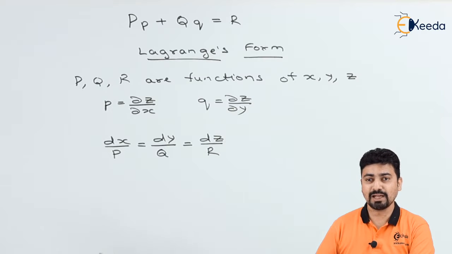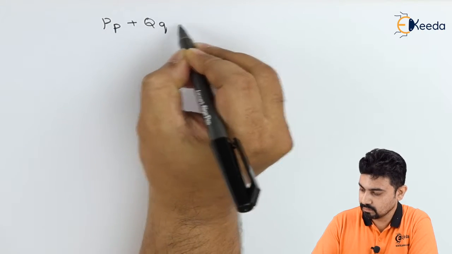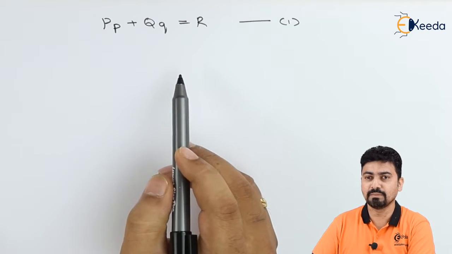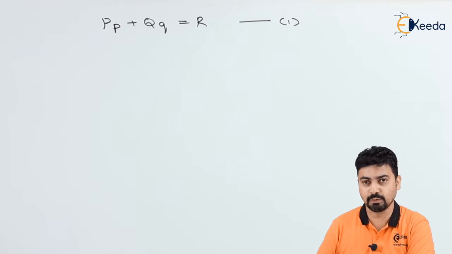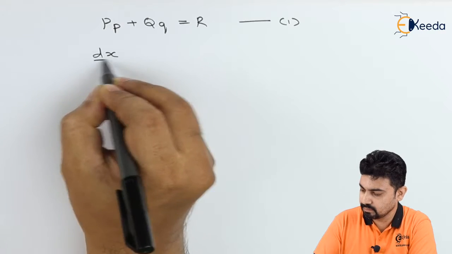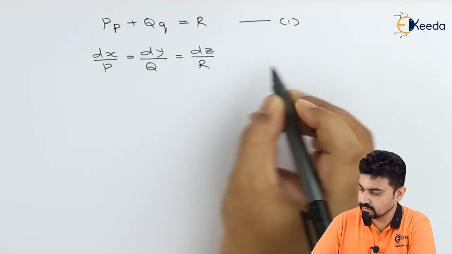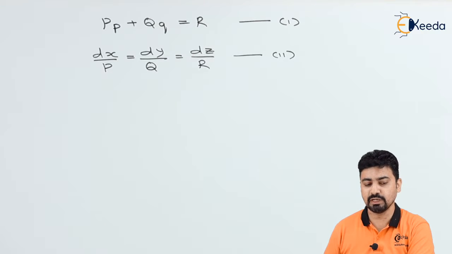Now let us see the actual working principle and solution. Let this be our given linear partial differential equation of Lagrange's form, and the auxiliary equation that we have is this. Here we solve equations 1 and 2 and try to get the solution of linear partial differential equations.